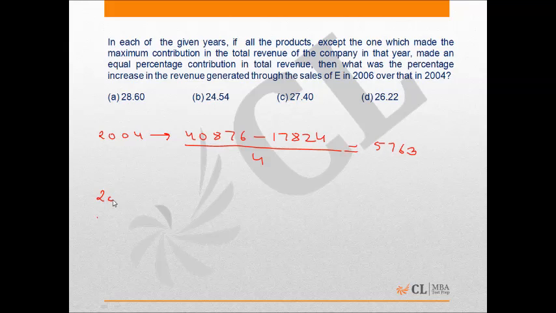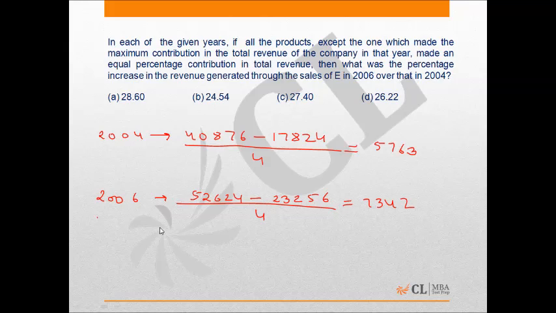Next, in 2006, I know the total revenue was 52624 and the maximum revenue was given by C, which was 23256. This difference gives me the revenue of all the remaining 4 products, which includes A, B, D and E. So if I divide it by 4, I'll get the revenue of each of the 4 products. This will give me a value of 7342.